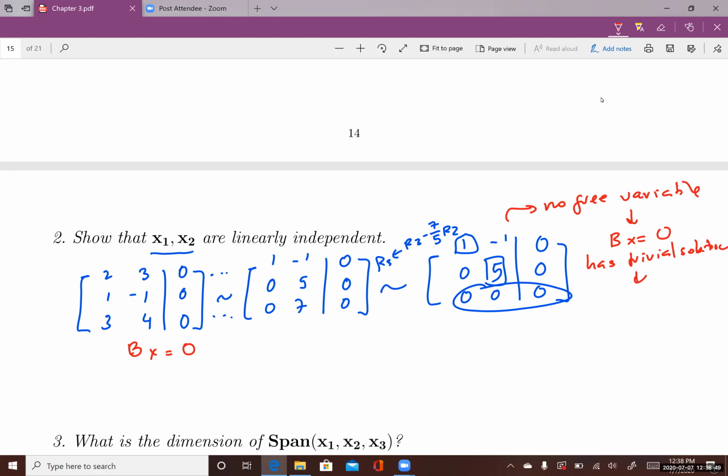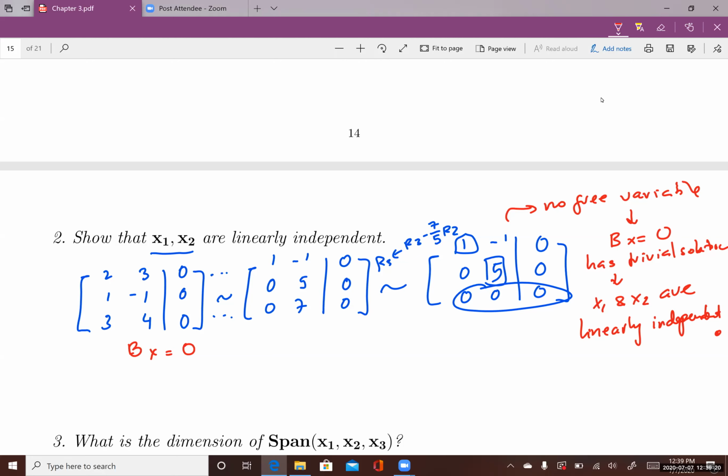Oh no, I cannot talk about singular or non-singular, because B is not a square matrix.